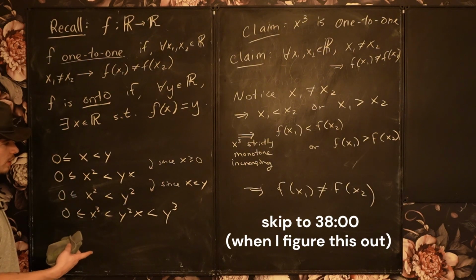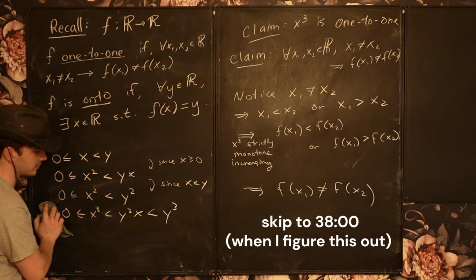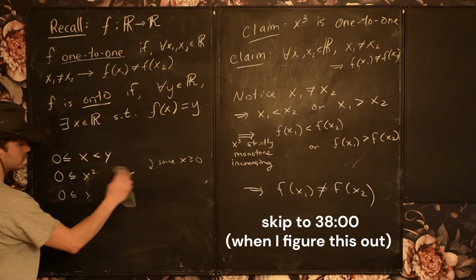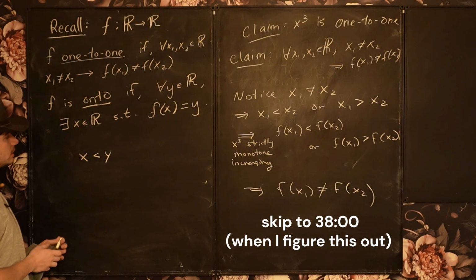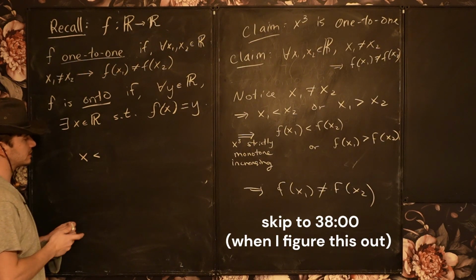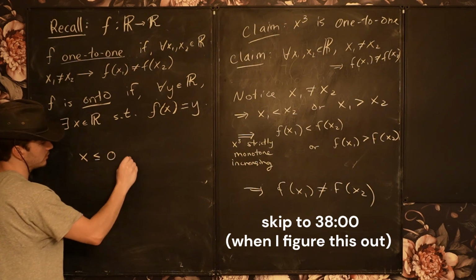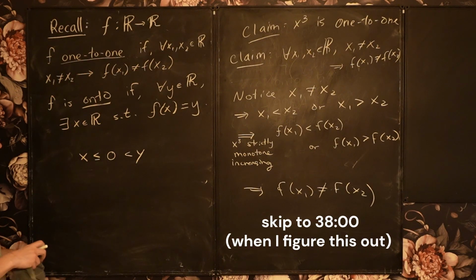So why is that? Well, essentially because we're cubing the relationship. So let me go ahead and erase this. So if x is less than or equal to 0 is less than y, this is a separate case that we need to consider.